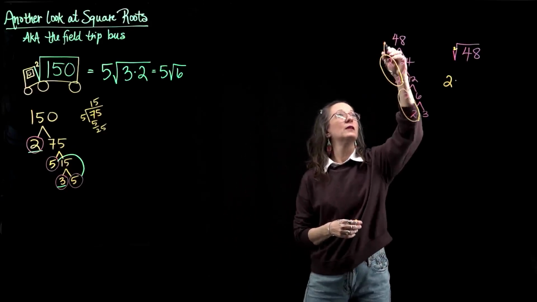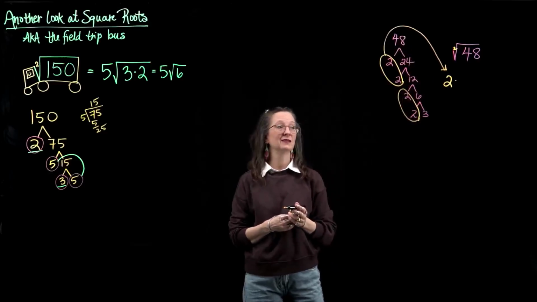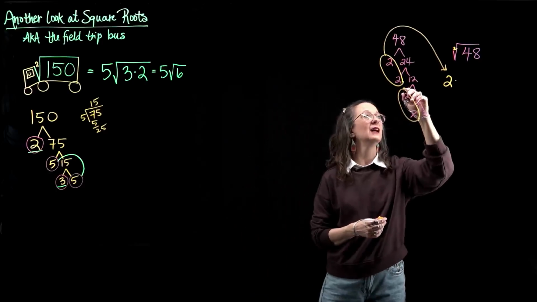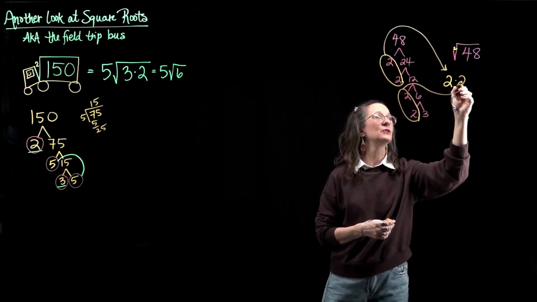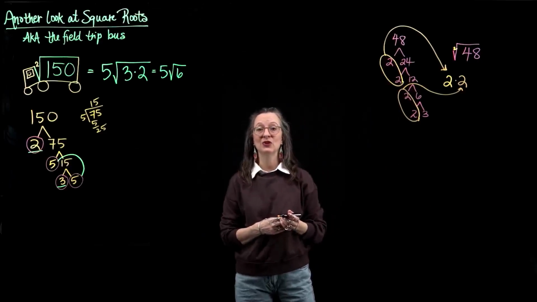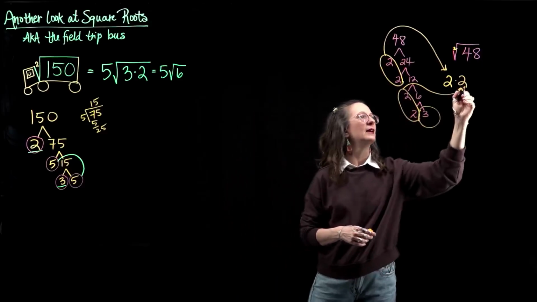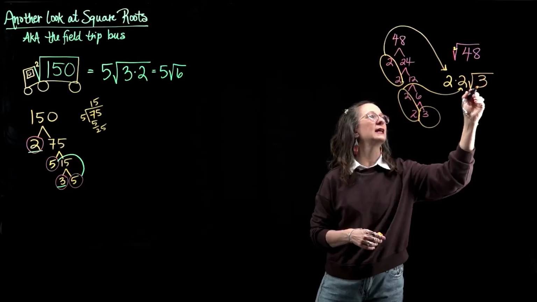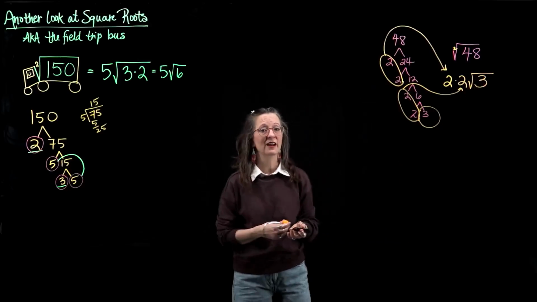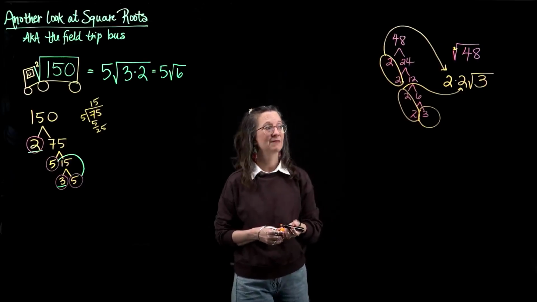So that pair of 2s gets written down, and then another pair of 2s gets written down again. So I have 2 times 2 outside of the bus. And then because I have a 3 that does not have a buddy, he has to stay inside the bus.